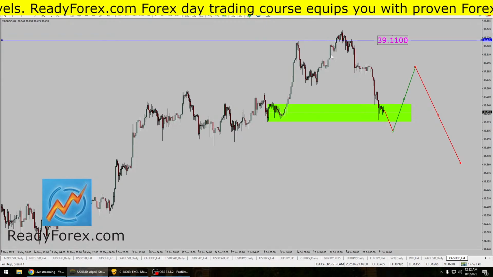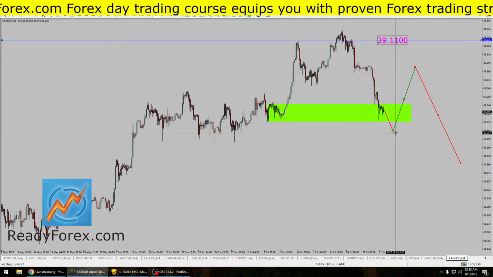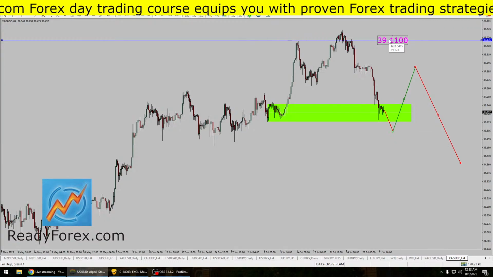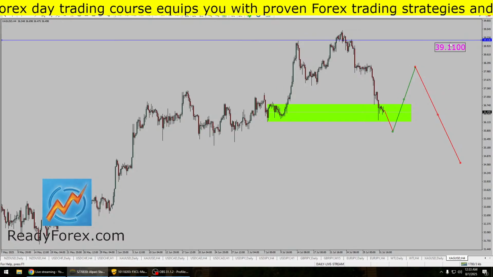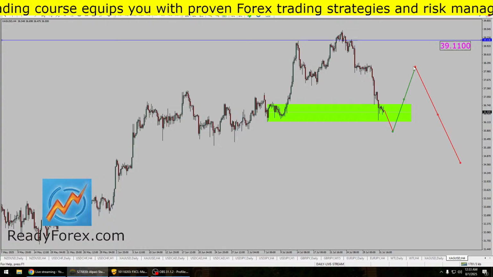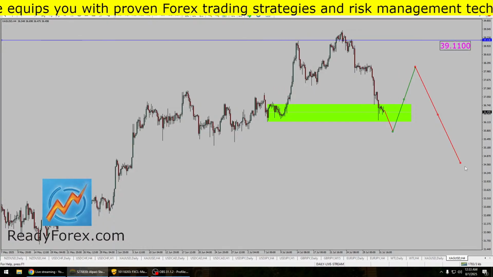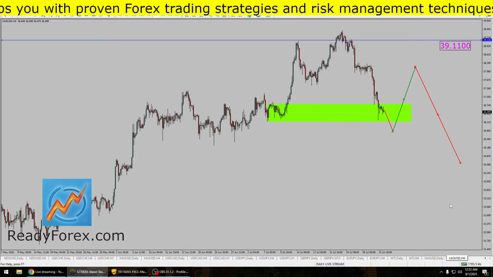It's not going to stop, and this is the first leg, by the way. In terms of Elliott, this is wave A, an impulsive wave, and then expect a pullback, wave B over here, and then after that, wave C will drive a bearish leg to the downside.